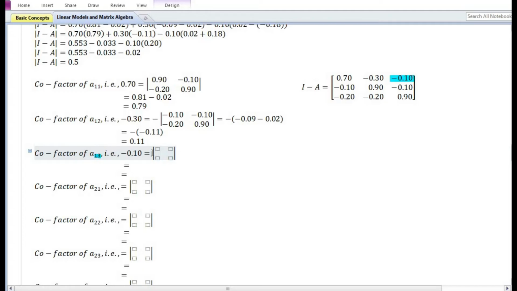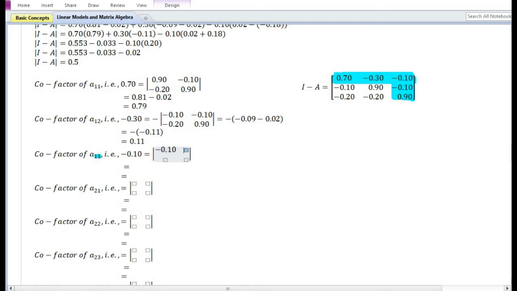Cofactor of A13, that is minus 0.10. 1 plus 3 equals 4. 4 is an even number, so we have positive sign. Deleting the row and the column, we have minus 0.10, 0.90, minus 0.20, minus 0.20. Minus times minus equals plus. 0.10 times 0.20 equals 0.02.